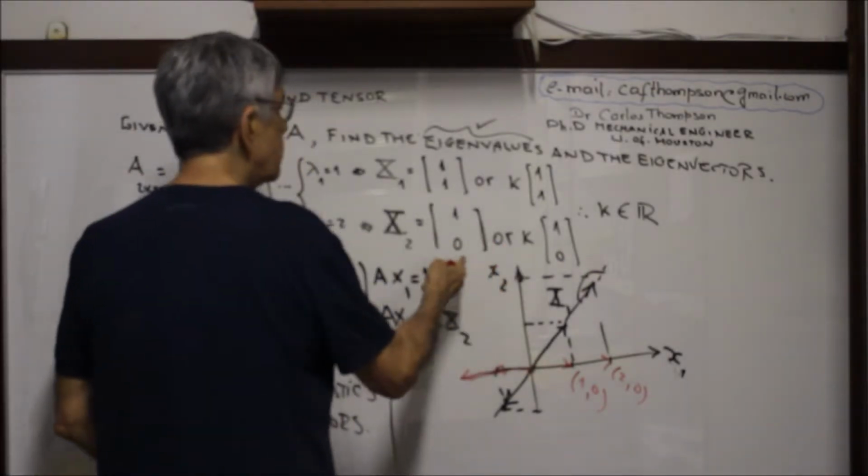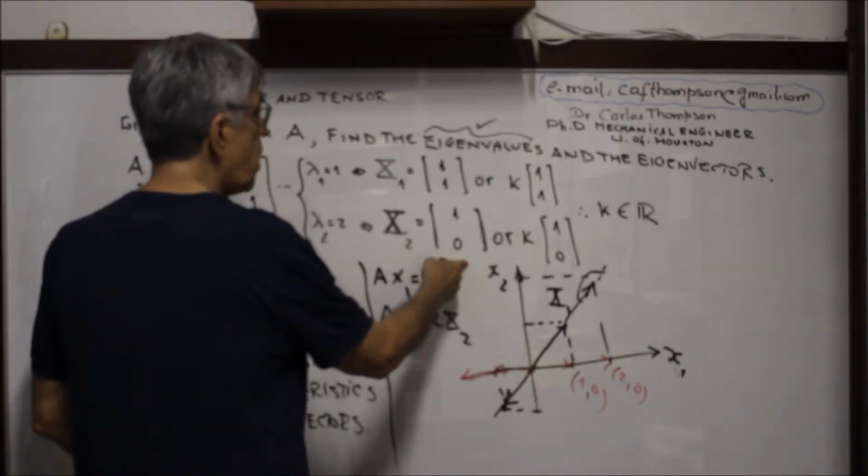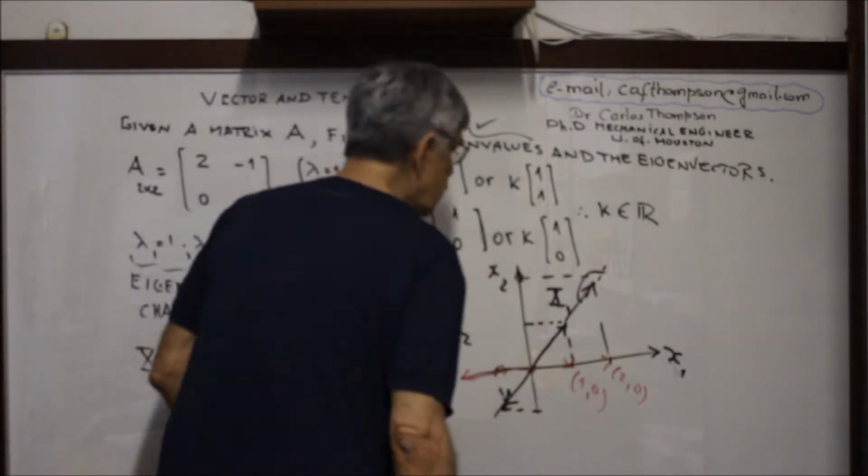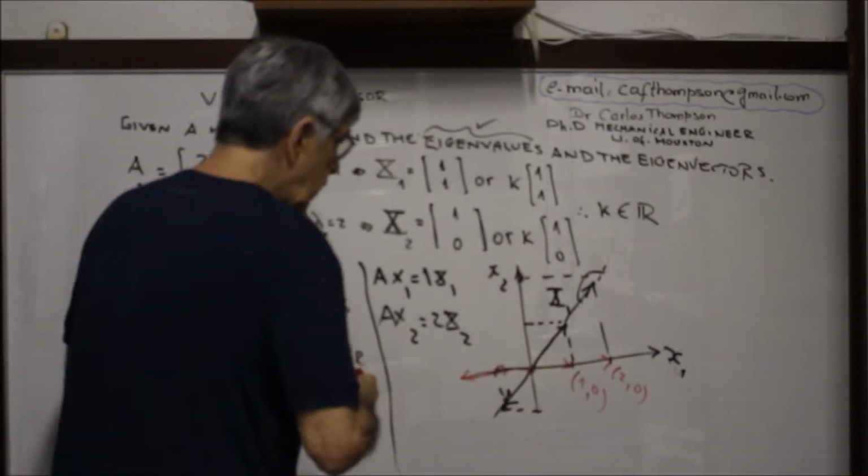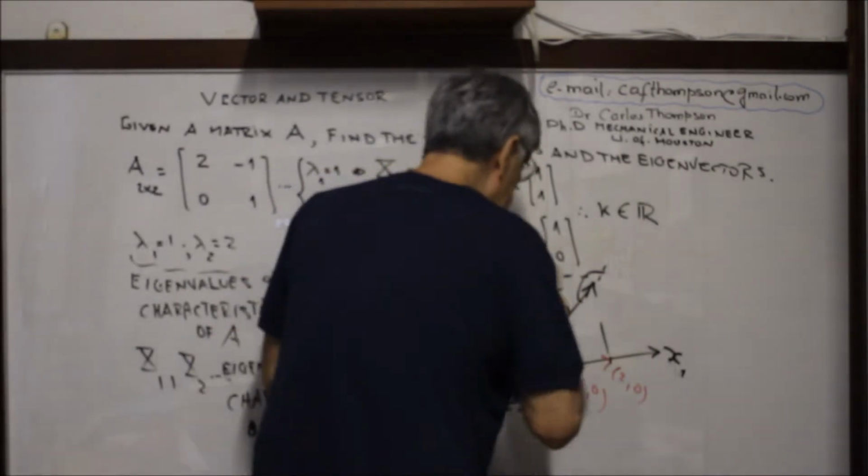In this case, x2 is a multiple of (1, 0). That's important.